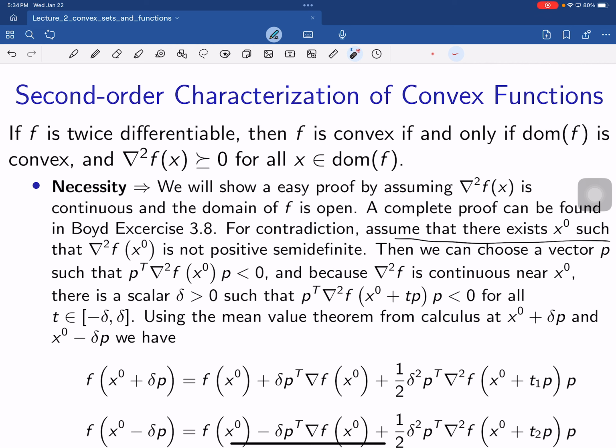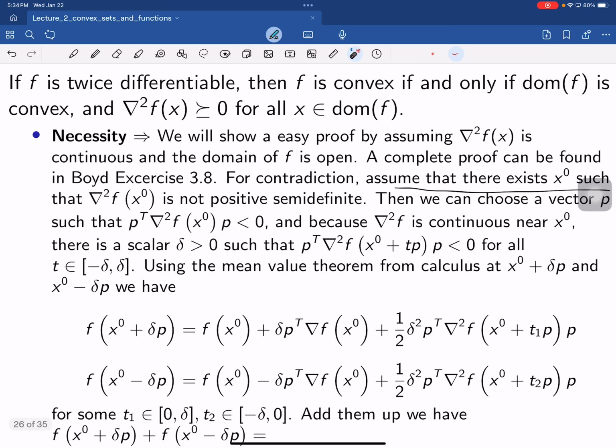Remember the mean value theorem, actually you can also call it Taylor series expansion with the Lagrange form, right? So if you consider a perturbation of x0 by plus delta p and minus delta p, okay? So consider a plus and minus perturbation.